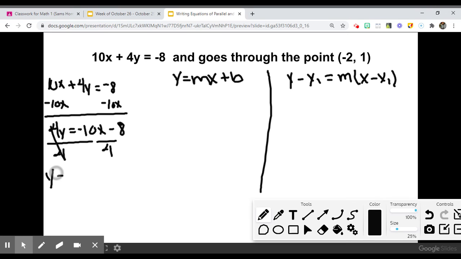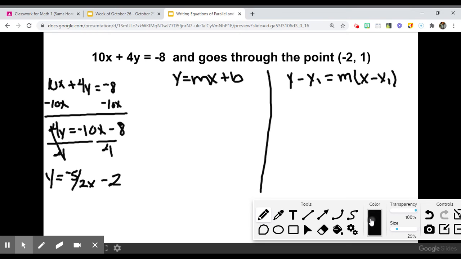So y is equal to negative 10 divided by 4. I'm going to be using that in fraction form, so that is actually going to be simplifying down to negative 5 over 2. And then we have negative 8 divided by 4, which is negative 2.